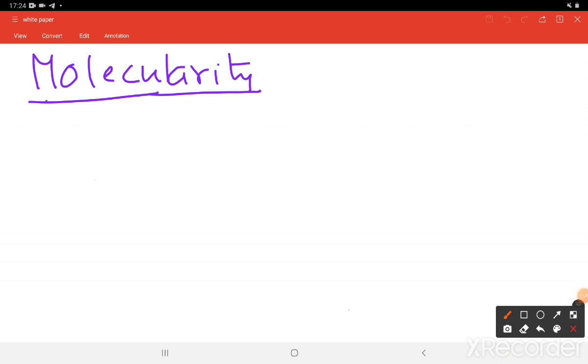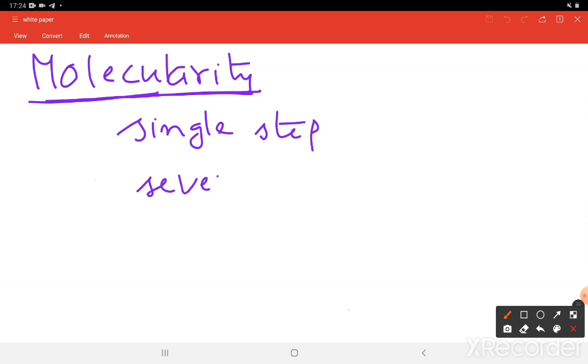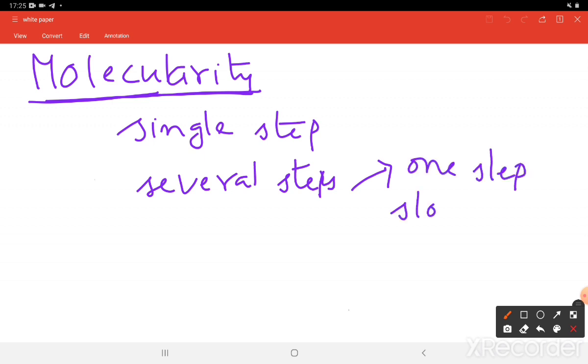We will see what is molecularity of a reaction. A reaction may take place either in a single step or in several steps. Among these several steps, one step will be slowest compared to other steps.